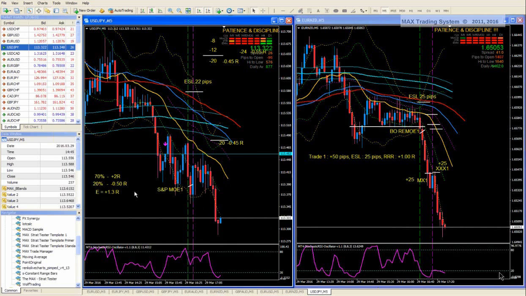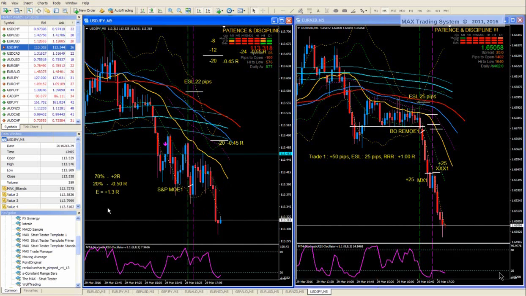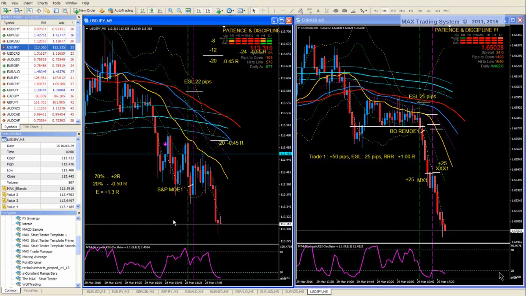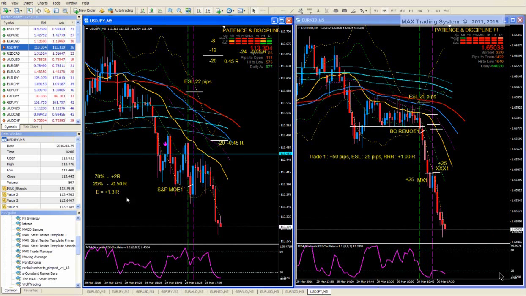In order to know the financial profit you can make with the Max, knowing the expectancy is not enough. What you need to know is how many trades you can do, for example, during 1 week, during 1 month. So the frequency of the trades is also important. So if you have enough trades, let's say 50 trades per month, okay, 50 trades per month.